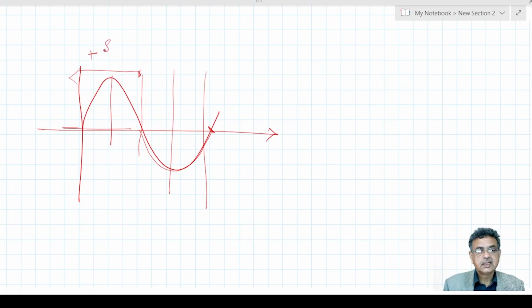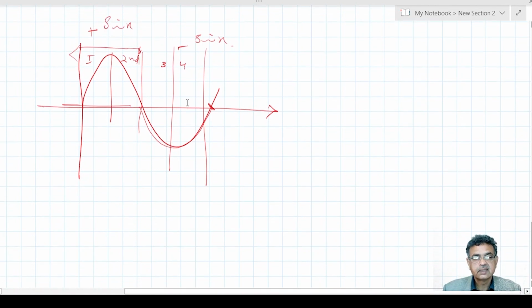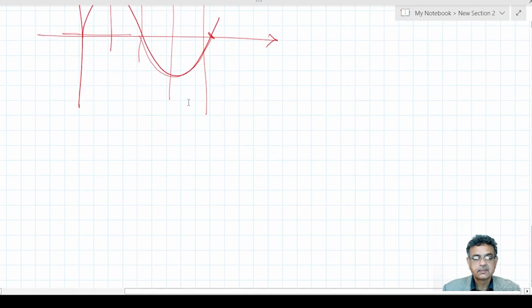So sin x is positive here, and sin x is negative in the third and fourth quadrants. First and second it is positive. So you can further understand from the graphs the signs of these trigonometric ratios, whatever we have already discussed.